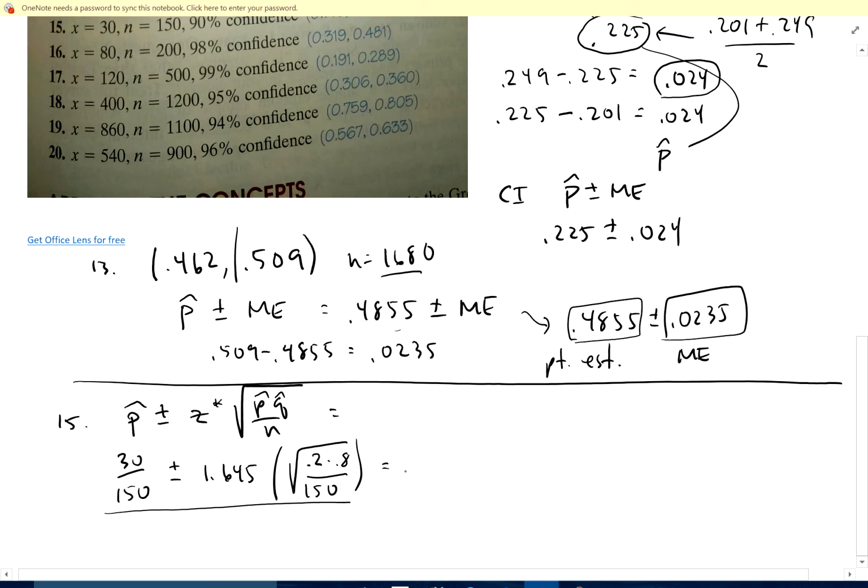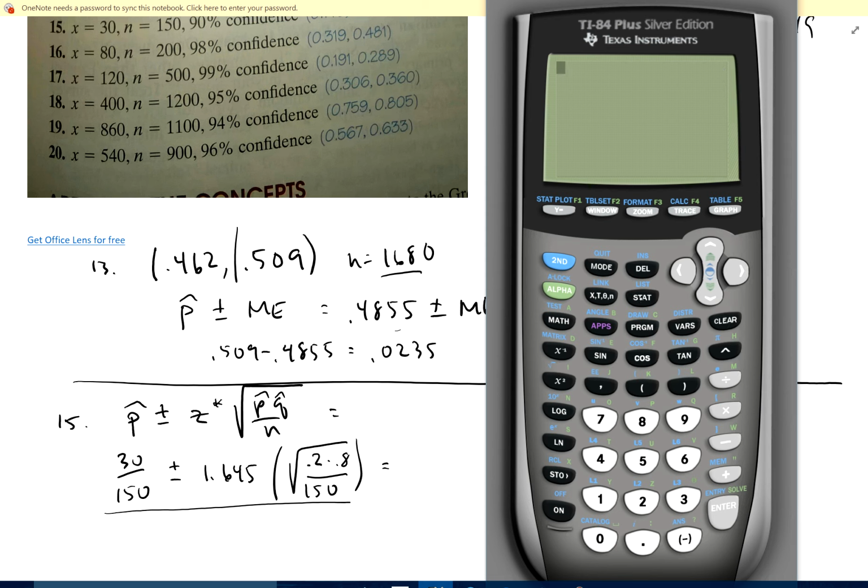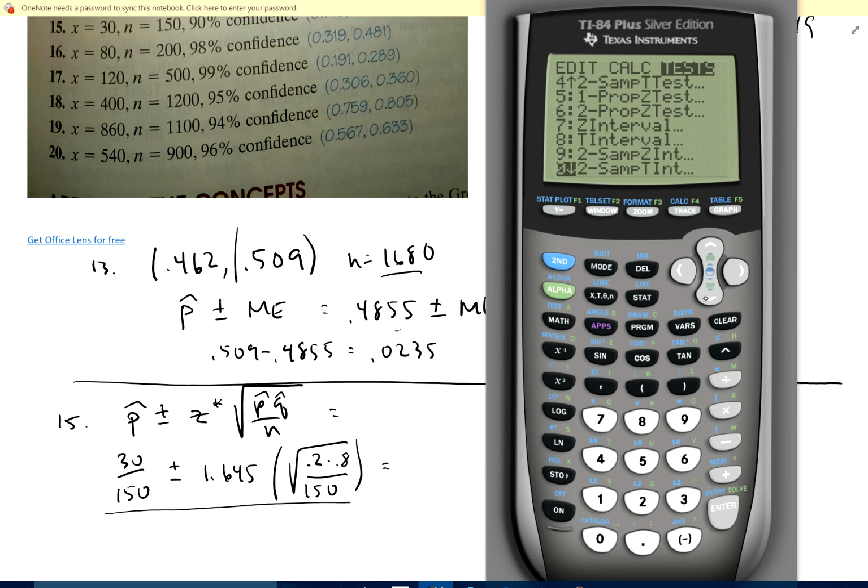So stat, tests, 1 proportion z interval, and I'm going to put x equals 30, n equals 150, confidence level is 0.9. I'm actually going to do this one on here so you can see it. Okay, so we're going to go stat, tests, and then you're going to scroll down to A, which is 1-PropZInt.